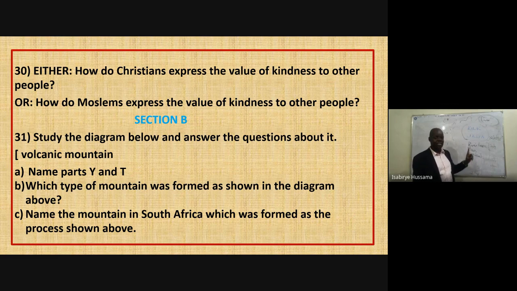So when they ask which ethnic group entered Uganda, name the ethnic group that entered Uganda using this direction here, and the child says River Lake Nilotes, that child will be marked wrong, because River Lake Nilotes is not an ethnic group. It is a sub-ethnic group. The ethnic group we take is this one, the Nilotes.